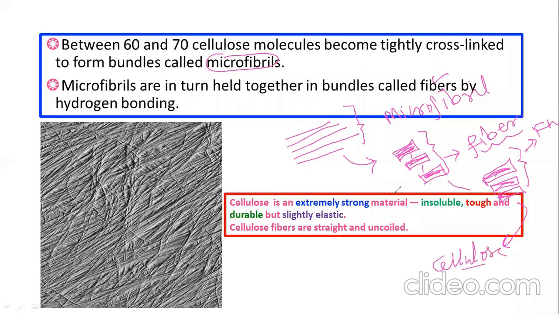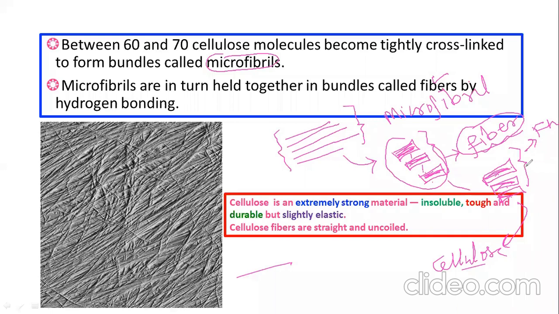So let me tell you once again. One chain of cellulose. If 60 to 70 chains of cellulose come together, that will form what? Microfibril. Several microfibrils will come together. They will form what? Fiber. And several fibers, this is one fiber, this is another, they will form what?